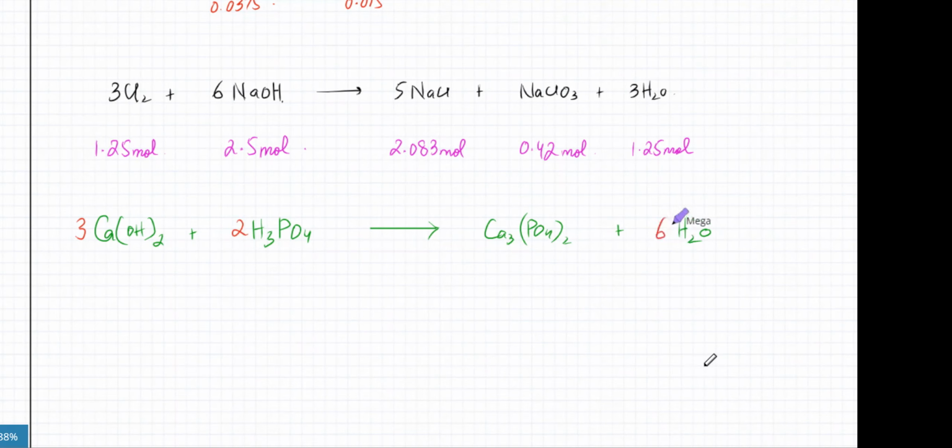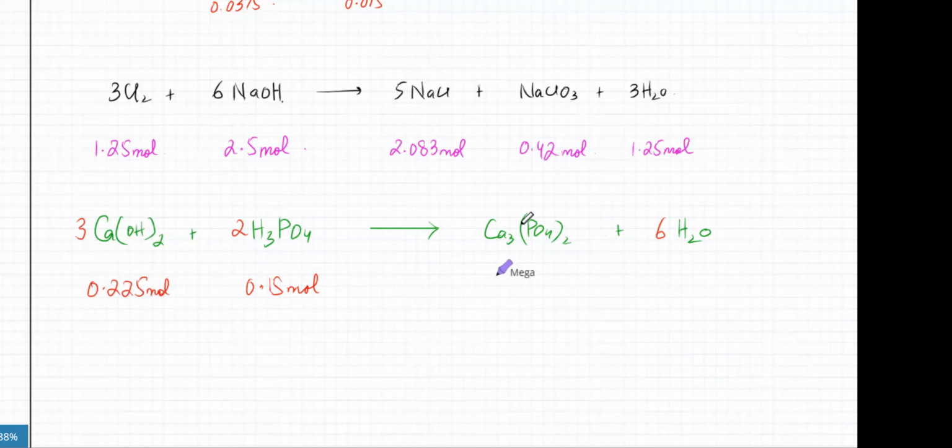6. So let's say I know the moles of this, 0.15 moles. So quickly tell me the moles of the others. 0.15 divided by 2 into 3. What do you get? So 0.225. And then how many moles of calcium phosphate? 0.15 divided by 2 into 1.